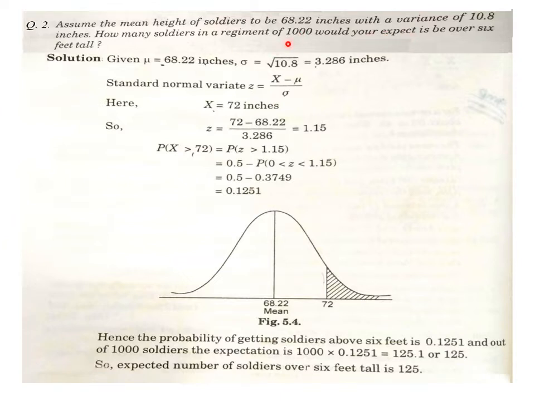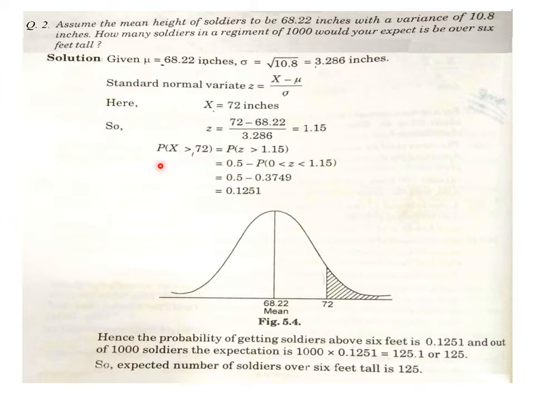So we need to get a probability and multiply it with 1000. The probability is of over 6 feet tall, meaning P(x greater than 72). Because the problem is in inches, we change 6 feet into 72 inches, and over 6 feet means greater than 72.